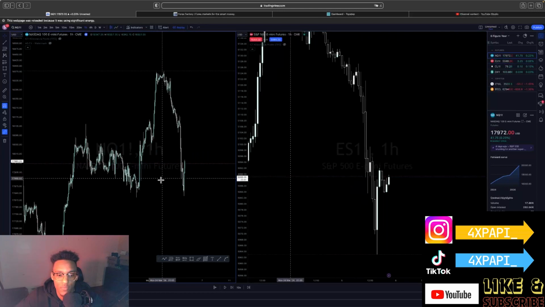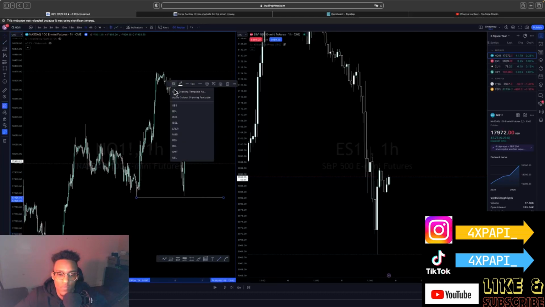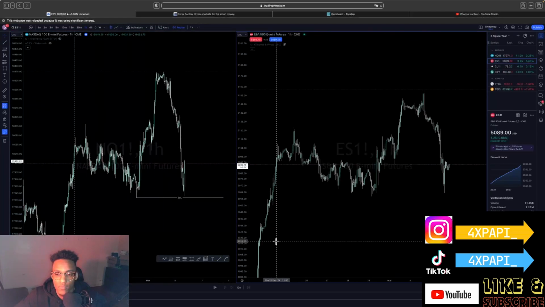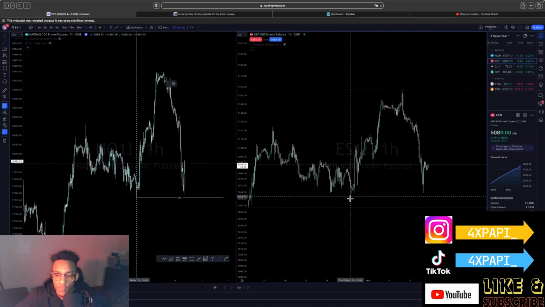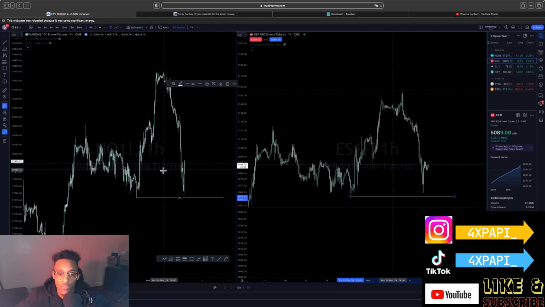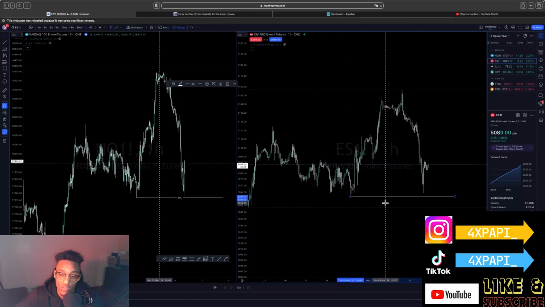So now we have our draw. On ES and NQ, neither one is touched yet, so price could return back into one of these fair value gaps and give us the model, but we know that price wants to go lower, so I will be bearish for tomorrow.